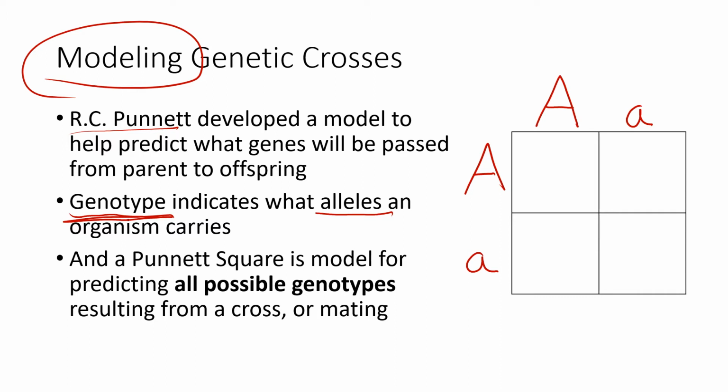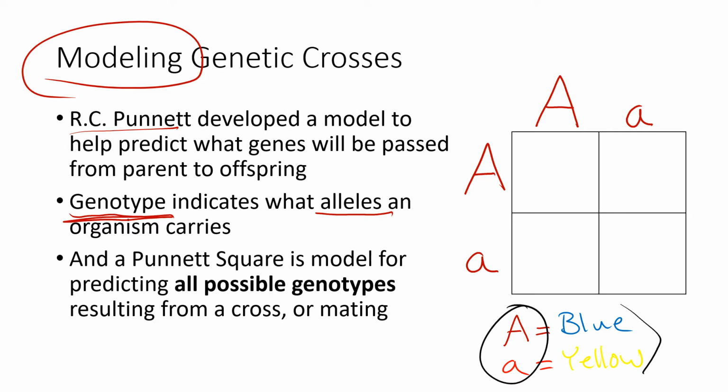So we always want to have a key here and say, like, capital A, the dominant trait, is going to equal blue flowers. And the lowercase a here is going to equal yellow flowers.